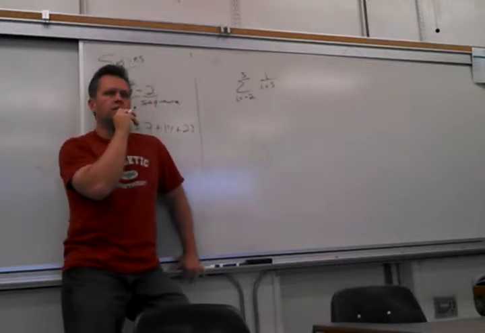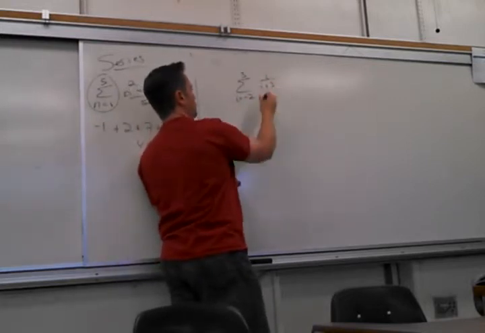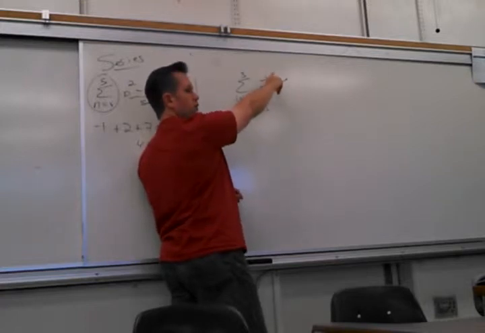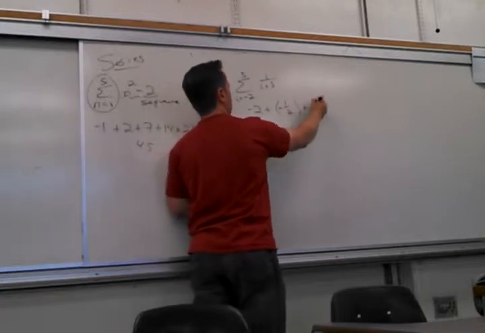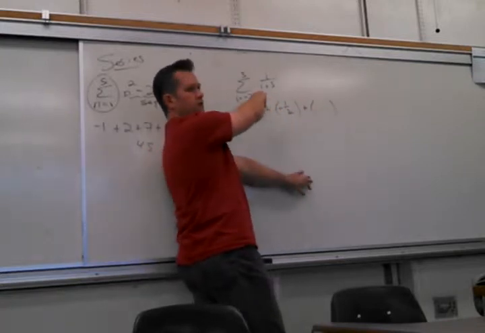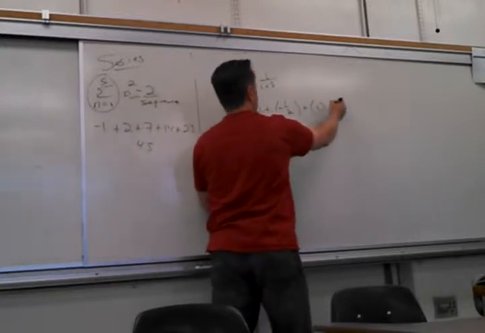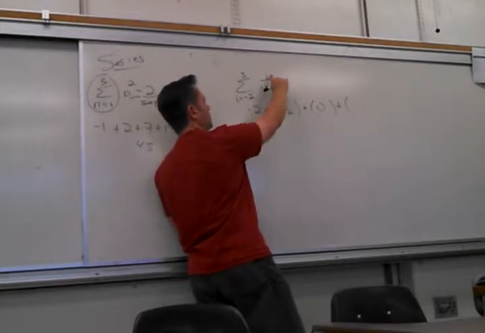Sounds strange, but so what's the first element of this series that I have to sum? You get -2 over 1, so you get -2 plus. When I is -1, you get -1/2. When I is 0, you have 0. This is I equals -2. When you plug a -2 in, you get -2 over 1.